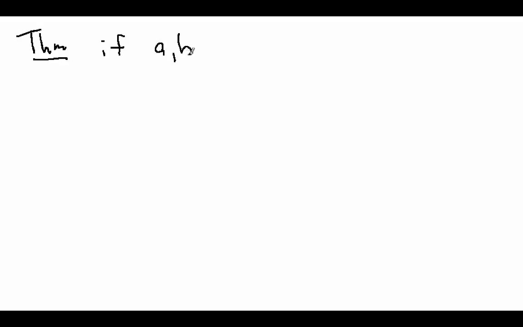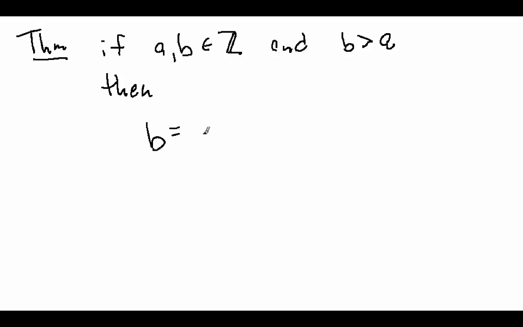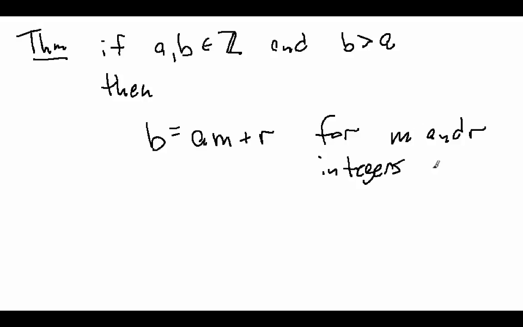If a and b are integers, so if a and b are both contained in Z, and b is greater than a, then b is equal to a times m plus r for m and r integers, and 0 is less than or equal to r is less than a. Okay, and again, you can see what that means.